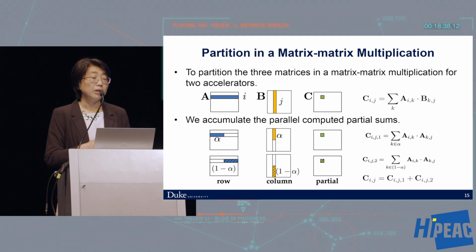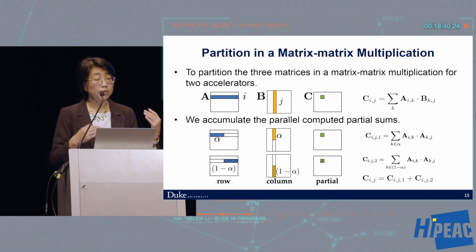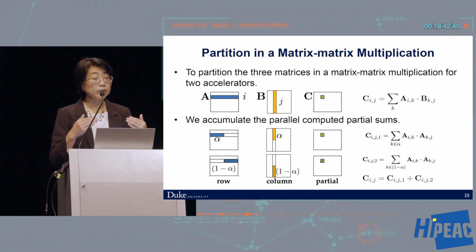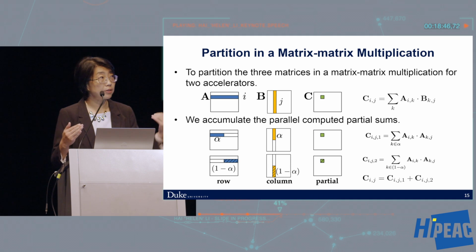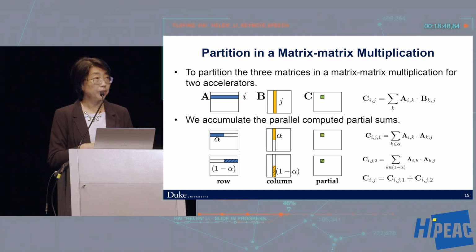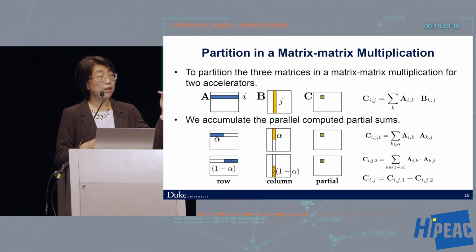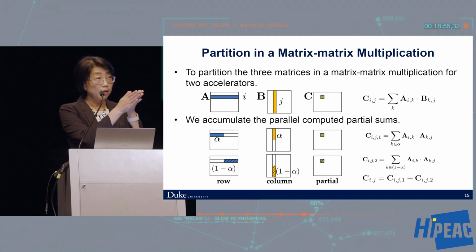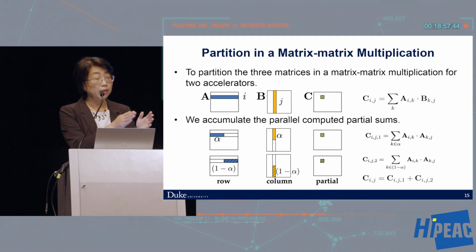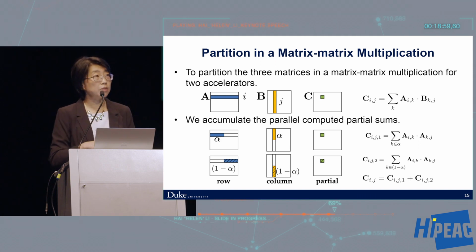For example, say we want to partition 3 matrices in one matrix multiplication on 2 accelerators, as I illustrate here. Originally, a row from matrix A multiplied by a column of matrix B produces a node in matrix C.